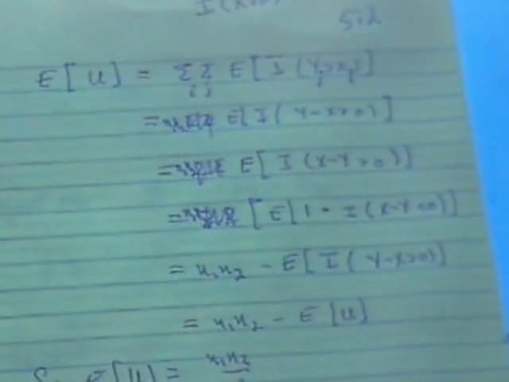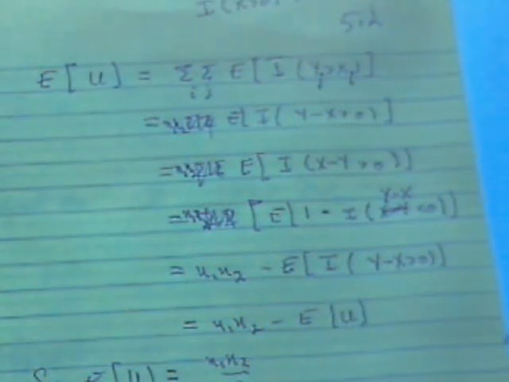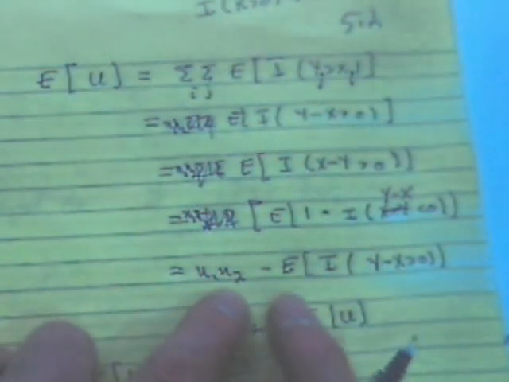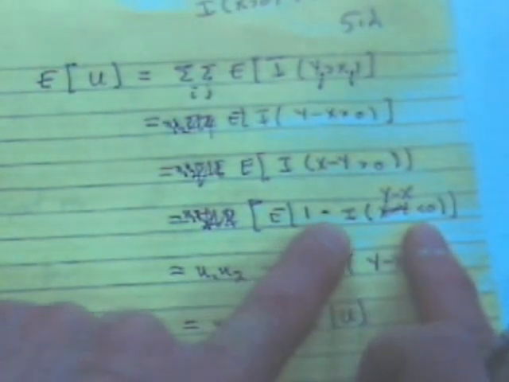That's what it says. There. Well, then you end up with n1 times n2. The expected value of 1 minus this is 1 minus the expected value.